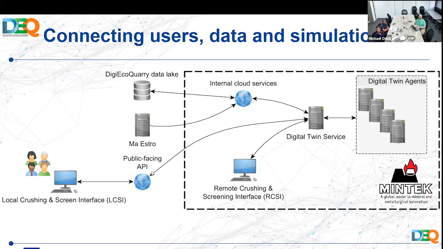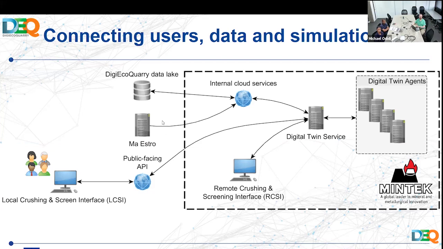We have a public-facing part of the system, an application programming interface, which is what the user interface connects to. So this is what our partners will be seeing. They'll be able to use that user interface to view data that's collected, select data to recalibrate the model, and as well run simulations.